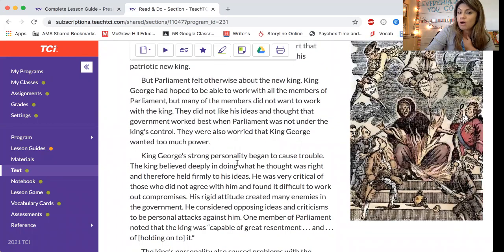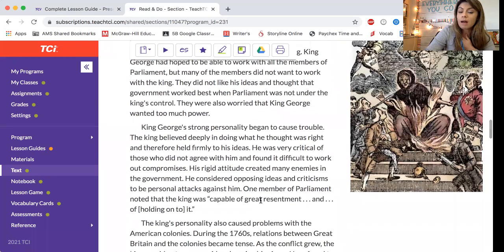He's got a strong personality and caused trouble. He was very critical. He had a rigid attitude. So there are a lot of personality traits in this text.